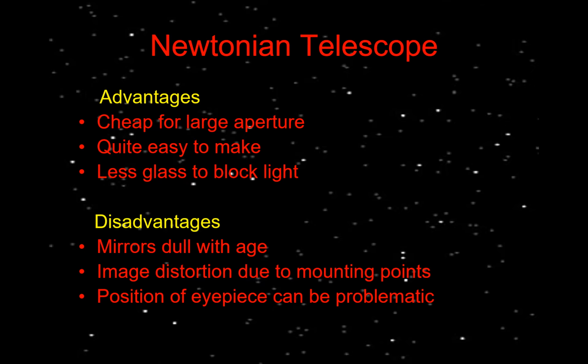The eyepiece can often get very high off of the ground, and you often require some kind of ladder to actually climb up and look through it. Sometimes, if you are not mounting your mirror properly, you may see some image distortion. And a bigger disadvantage is that these mirrors actually kind of oxidize, a type of rust which dulls them with age and takes away their reflectivity.